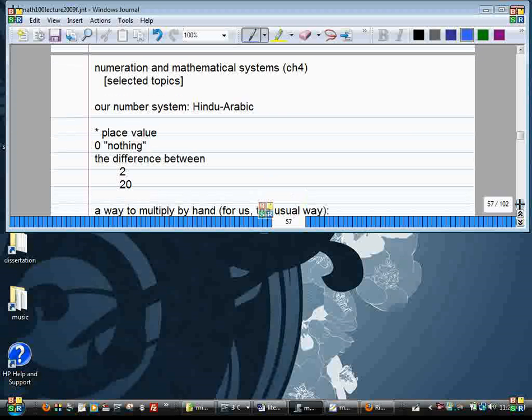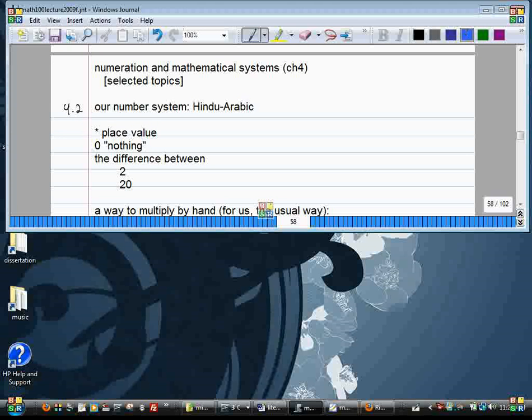I want to talk a little bit about, and I guess I should fill in, what I've started with here is 4.2.